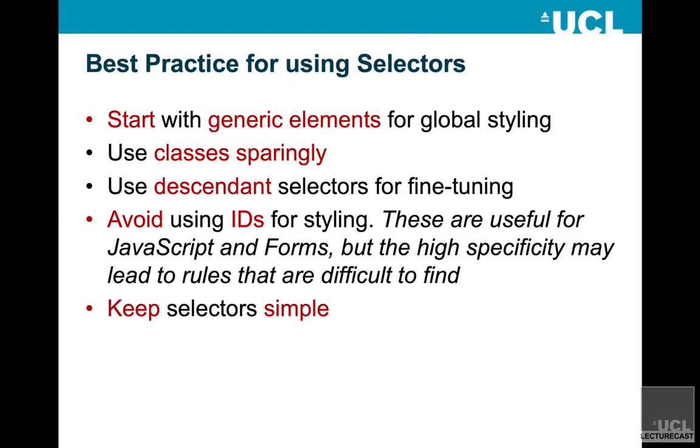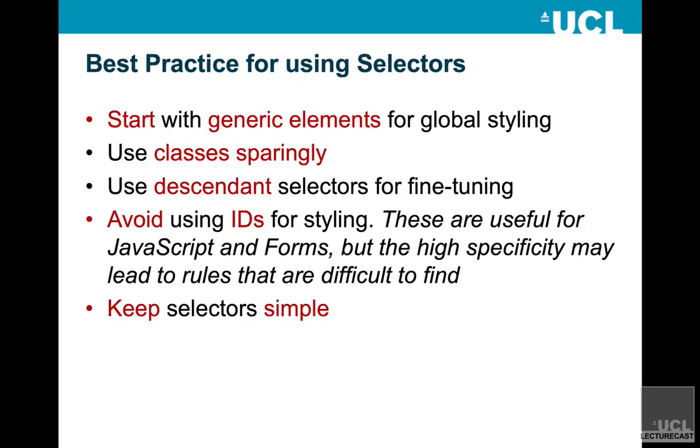All of the approaches are useful, but it's usually better to start with generic elements. So use your HTML element selectors first. If you can't control the presentation of your documents using generic elements, then move on to classes.